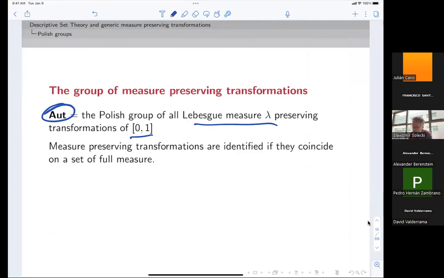I don't actually take transformations, but I will take their measure classes. So I will identify 2 such transformations if they coincide on a set of full measure. So Aut is the group of all measure classes of measure preserving transformations.